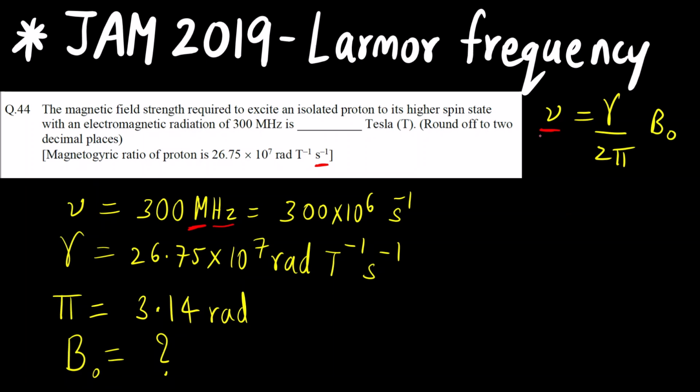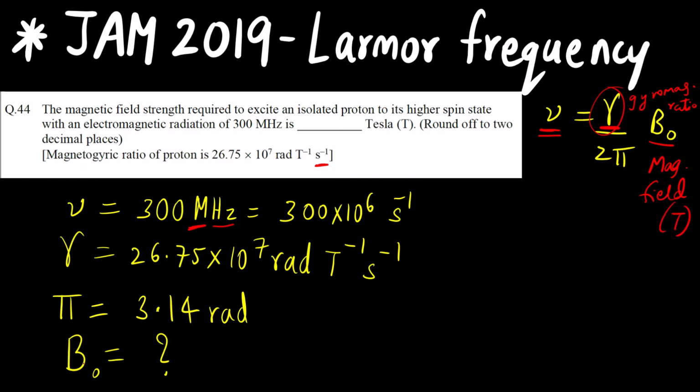Nu is the Larmor frequency, also called the precessional frequency, and gamma is the gyromagnetic ratio. Then B0 is the external magnetic field or field strength. The unit of this is Tesla.